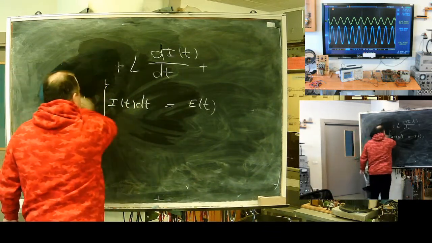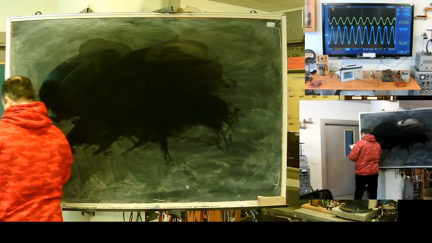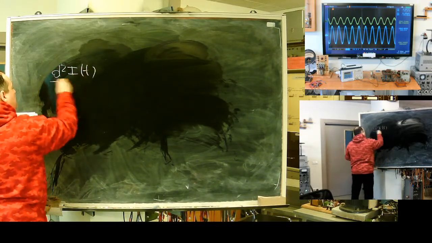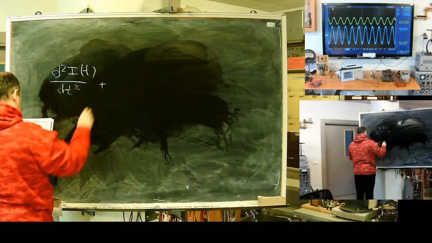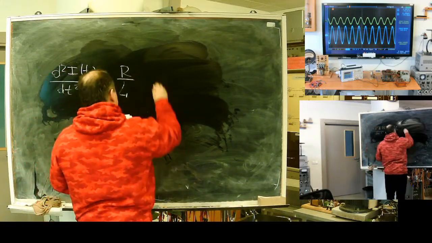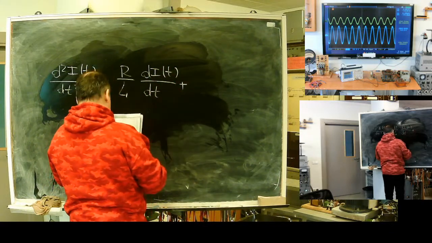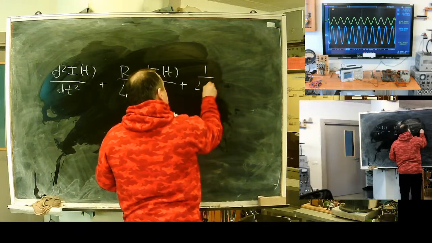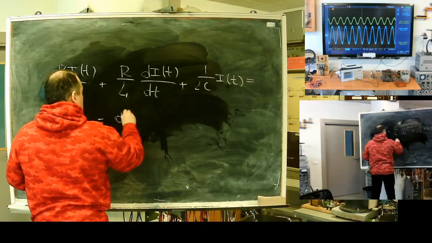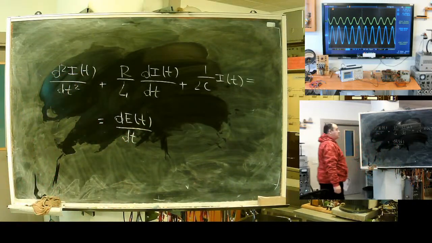This will yield the second derivative of current plus first derivative of current plus 1 against equals to the first derivative of the power source.